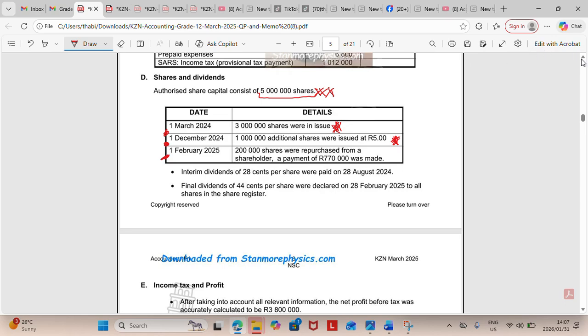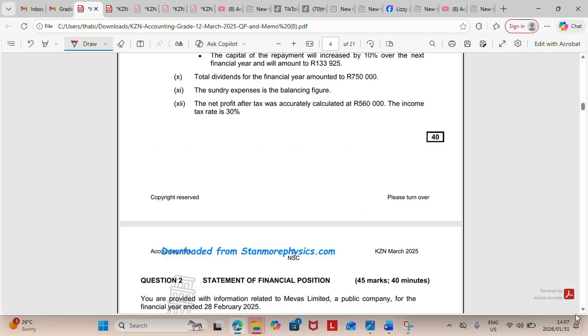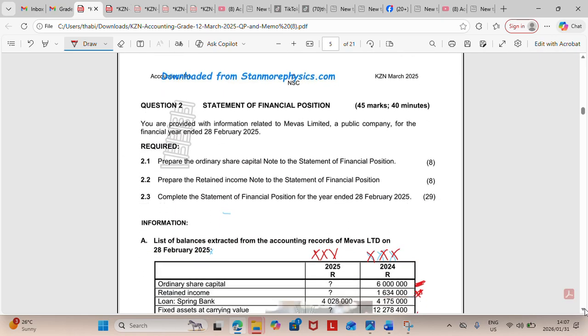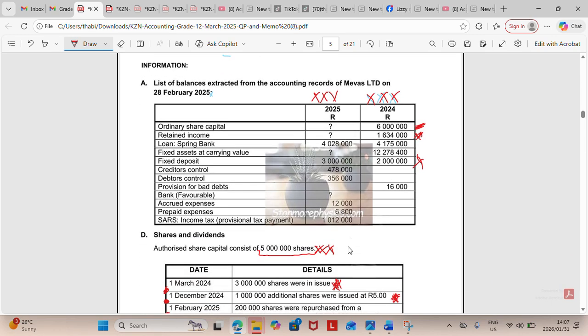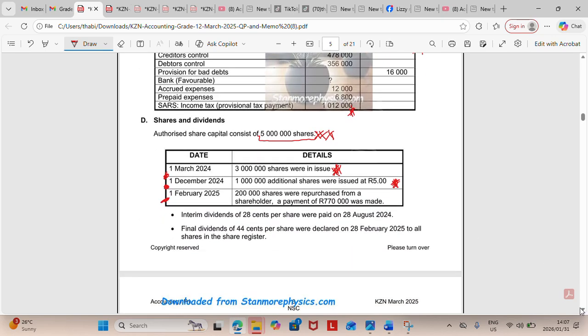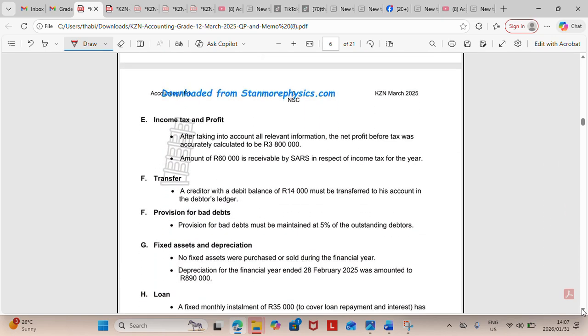So what are they saying? We need to check from our list of balances. The only information that will affect net profit after tax is this last information that we have. The income tax provisional payment of 1,012,000. Okay, so we're talking about millions today.